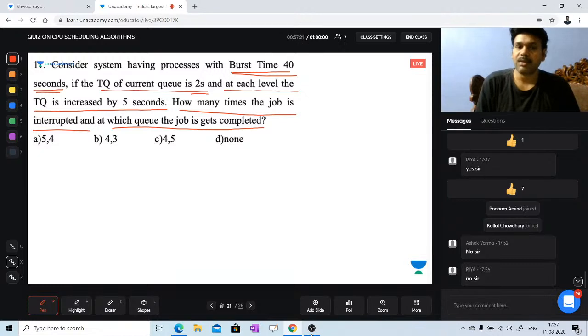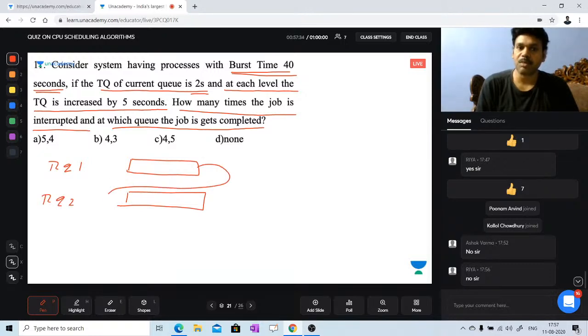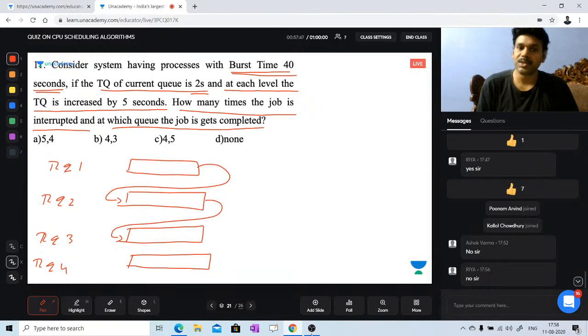This is a multi-level feedback queue system. So take a queue like this. This is your first ready queue. Just I am giving help. This is your next ready queue. As I am using a feedback system, this will feed into this. And the next ready level Q3, and this feeds into this. And the next ready level Q4 feeds into this.